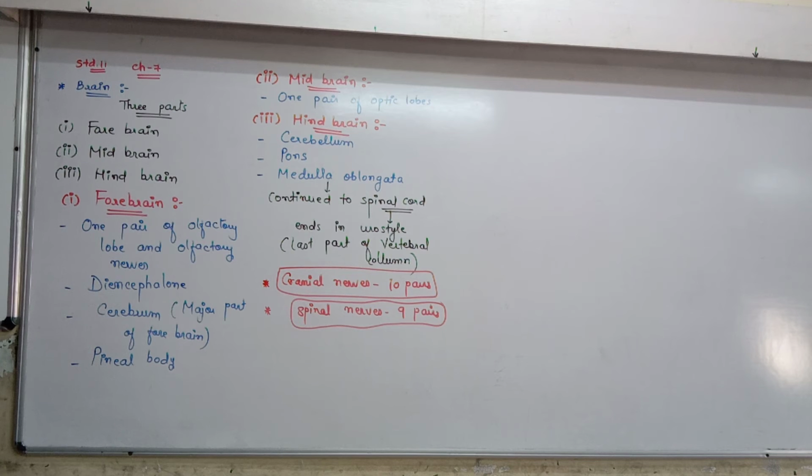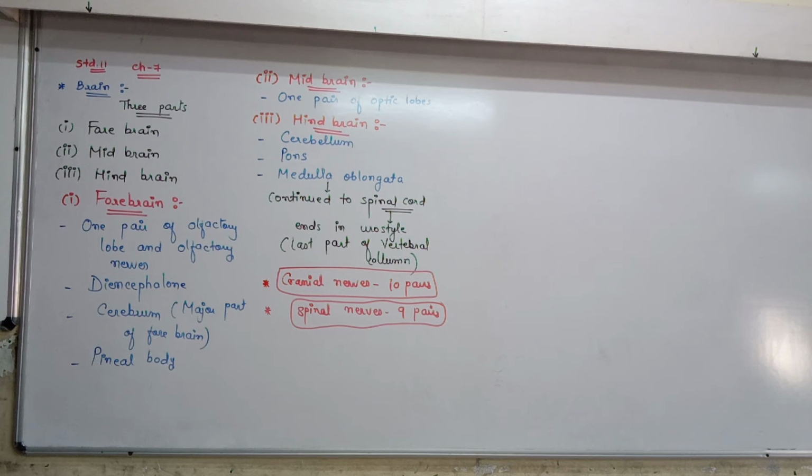Forebrain includes olfactory lobes, paired cerebral hemispheres, and unpaired diencephalon. Midbrain is characterized by one pair of optic lobes. Hindbrain consists of cerebellum and medulla oblongata.